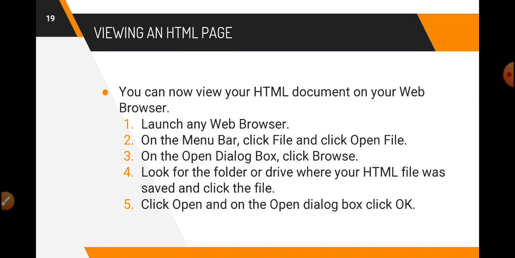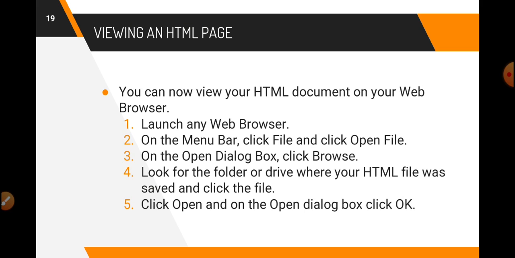Okay, so you can now view your HTML document on your web browser. Any web browser will do. If you have Google Chrome, Firefox, or the others, you can utilize it. You'll just have to launch any web browser. On the menu bar, click File and click Open File. On the Open dialog box, click Browse. Look for the folder or drive where your HTML file was saved and click the file.